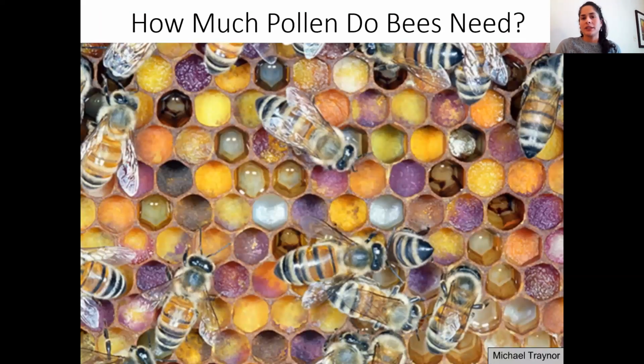Now, how much pollen do bees need? Like I said before, pollen is their protein source. Most of the energy that bees burn and use comes from sugars, from nectar and honey, but they need pollen as well.